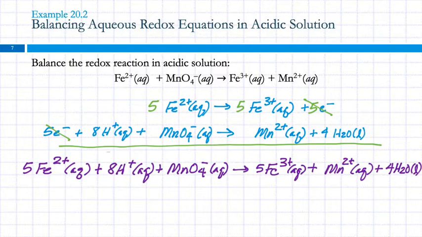And you should go through and check and make sure that the charges add up to the same number on each side and that you have the same number of each element on each side. Any questions?